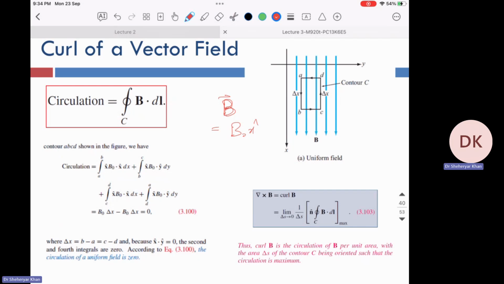Now B dot dL is 0 for the whole loop. That means there's 0 circulation. So now we can take this as a measure of circulation, right?